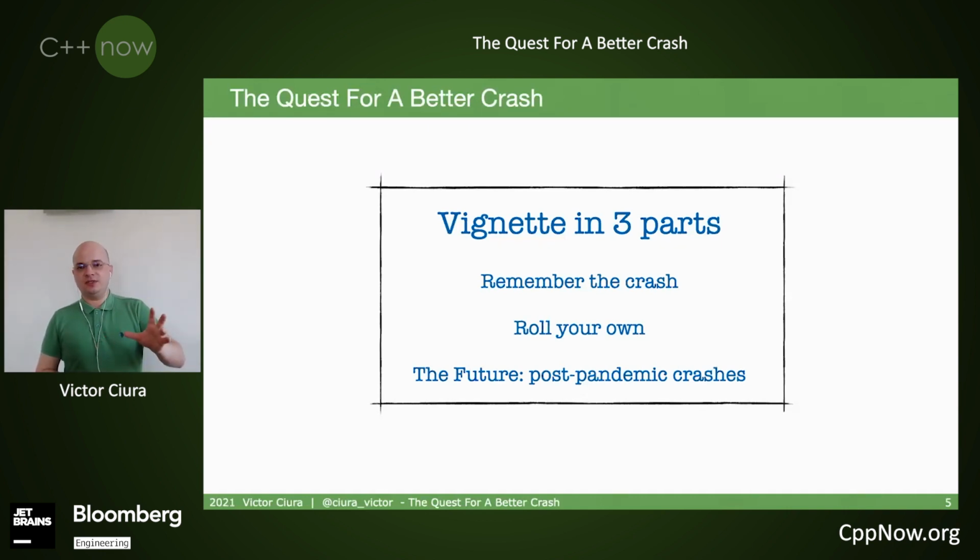We're going to have a fair chunk of the time spent together gradually building this infrastructure and seeing all these bits required. And towards the end, we're going to address how we're probably going to deal with this kind of thing in the future once such facilities that I'm presenting today will become part of the C++ standard. So we're going to talk about C++ 23 stuff relating to crashes and stack traces.